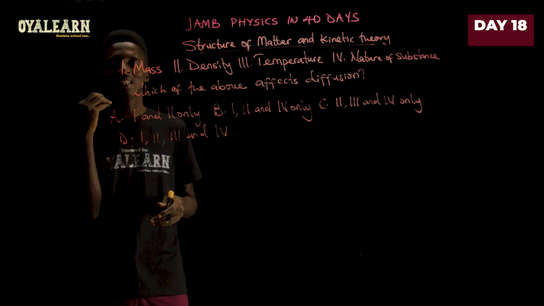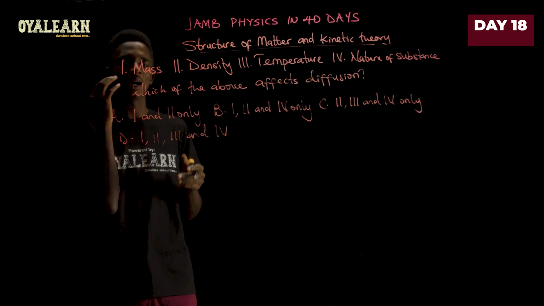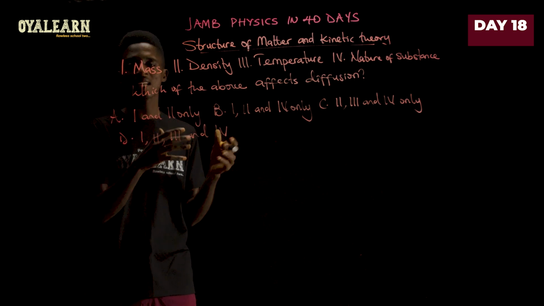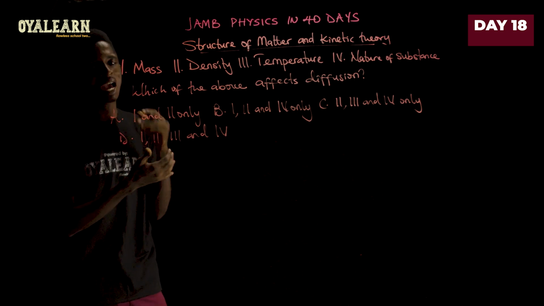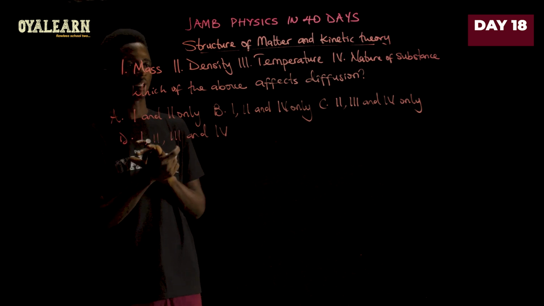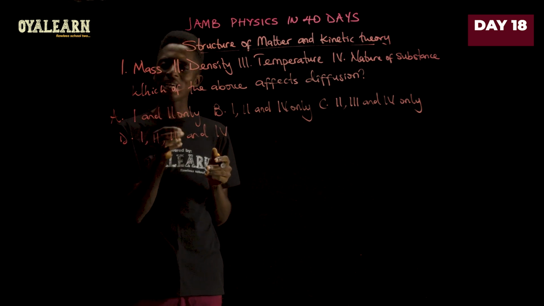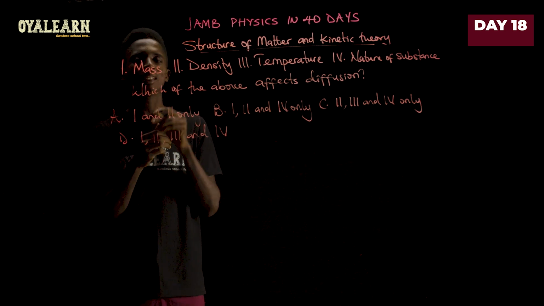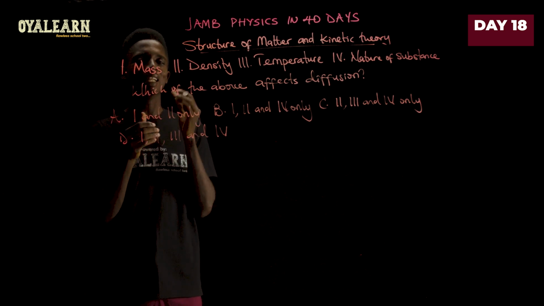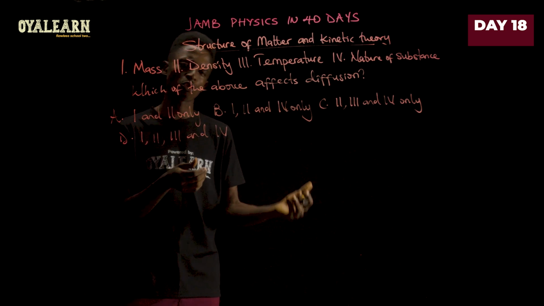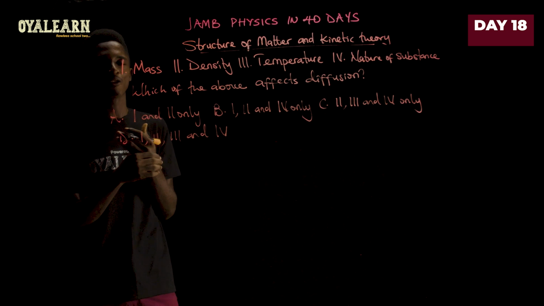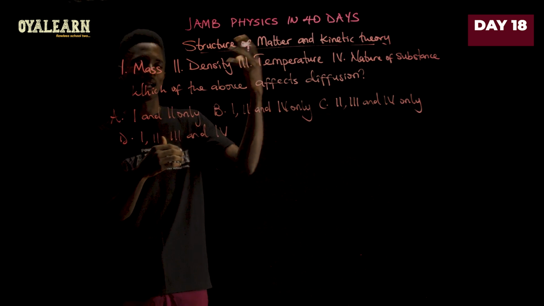The less heavy substances are going to diffuse faster than the heavier substances. So mass definitely affects diffusion. The same is the case with density. The more the density, the slower the rate of diffusion. So these two will slow down diffusion as they increase.